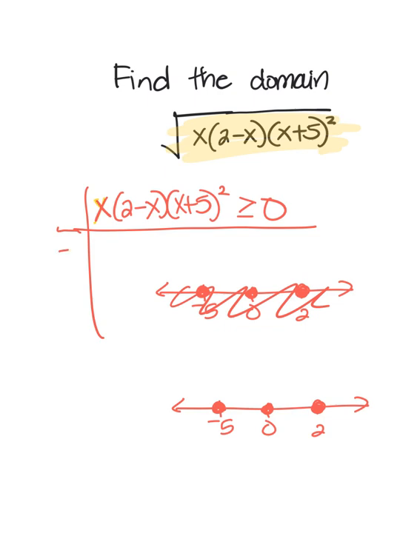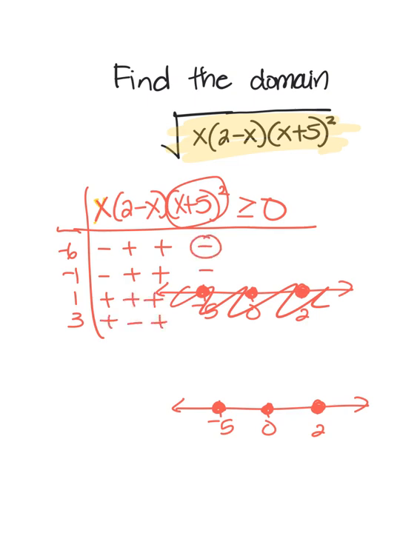Okay, so I'm going to plug in -6, -1, 1, and 3, and go ahead and plug in. Oh, that last term will always be positive because of the square here. Okay, and you notice that the signs do not change, and that is around that -5 because of the square.